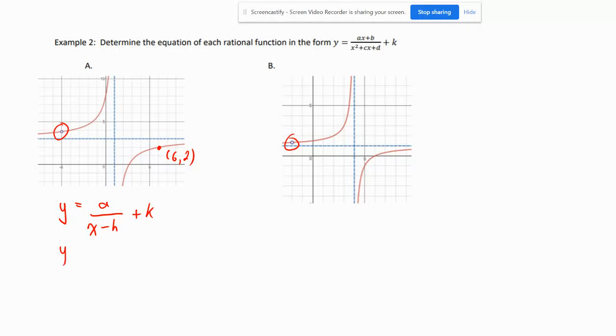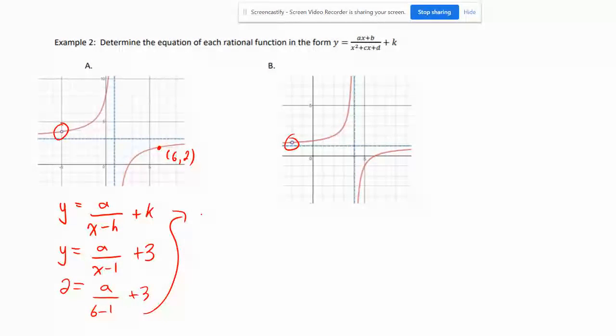So we get y equals a over x minus 1, plus 3. I'm going to fire in my point (6, 2). So we get a equals -5.